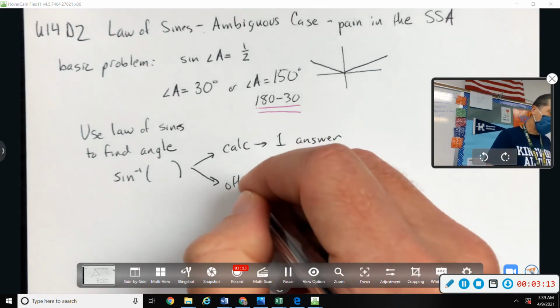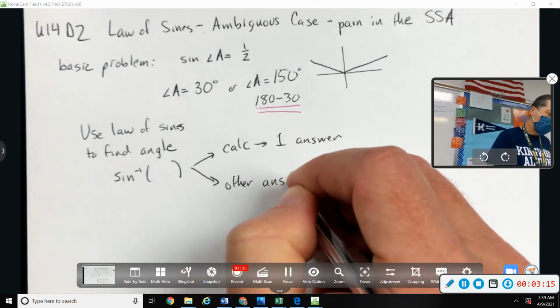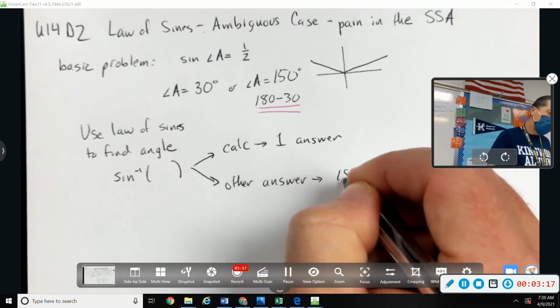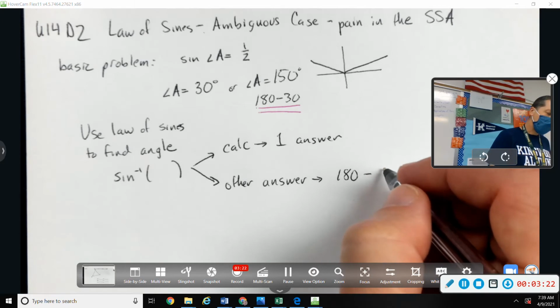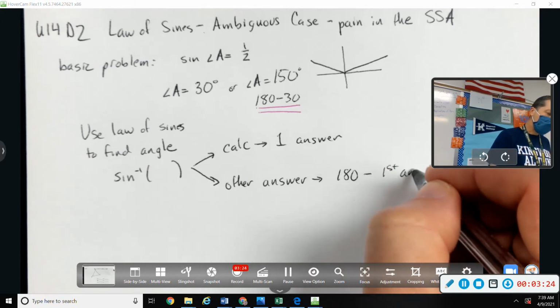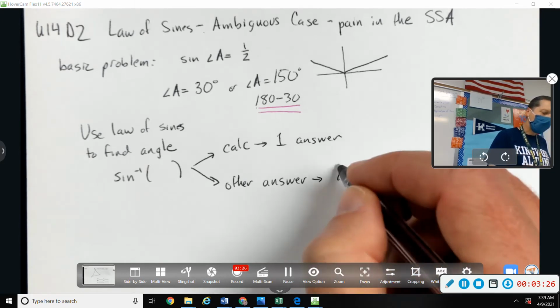The hidden answer, the one your calculator can't tell you. 180 minus whatever the calculator says. 180 minus the first answer. I don't know how else to phrase that.